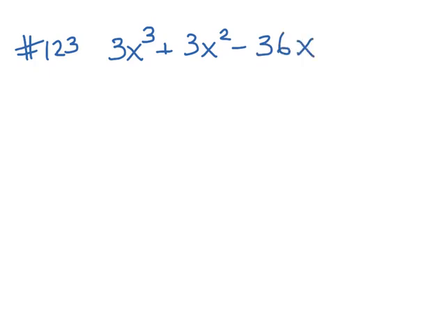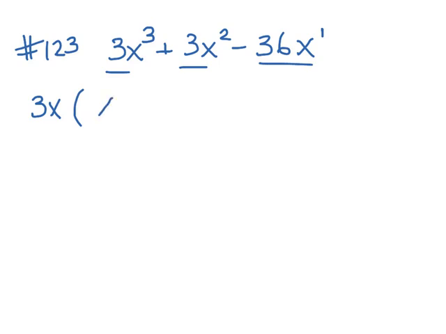So if I look at all these three terms, they don't look exactly like what we've been working with, right? But I notice that 3 factors into every one of these terms, so I know I can pull out a 3. I also see an x that appears in every term, so I can pull out an x. And my smallest exponent for x is just 1, so I pull out a 3x.